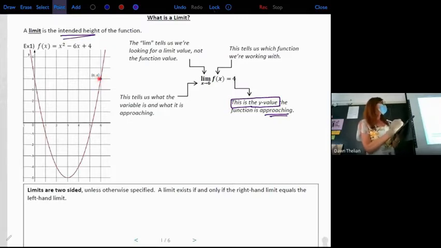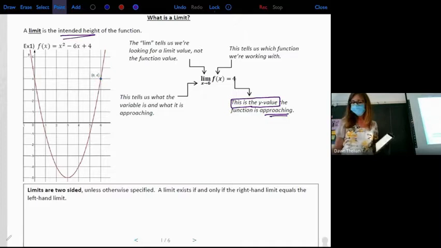And it looks like we do actually wind up with the y value of 4. And that's why this answer is here. We're approaching 6 from the left and the right. So it's that whole vertical line that we're approaching. And we actually get to the y value of 4. So there's no issues here because we can actually see the location.